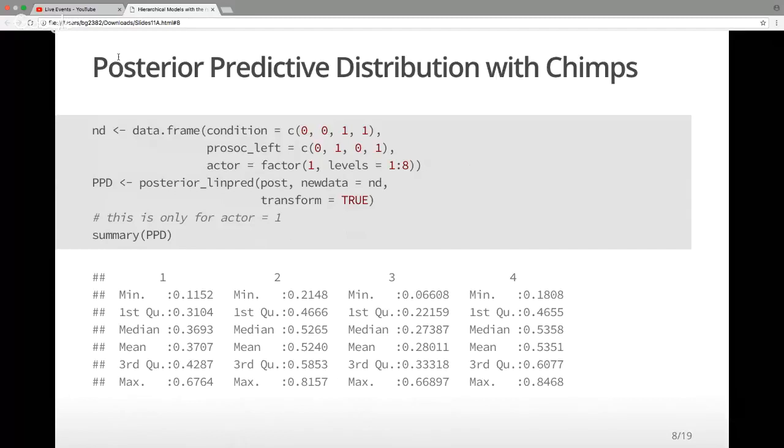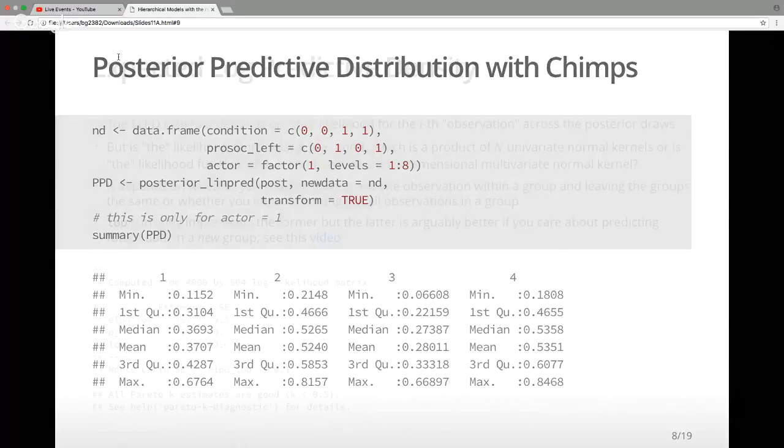Whereas if one of those things is varied, then you can get different sets of probabilities here. And you can subtract one column of probabilities from the other to see the difference in probabilities depending on what scenario you're talking about, and you can get a posterior distribution on that difference.